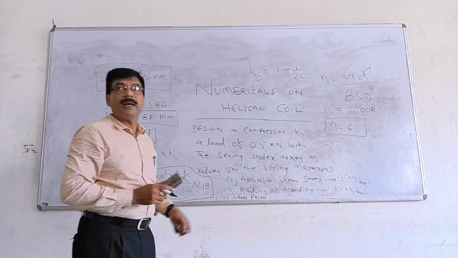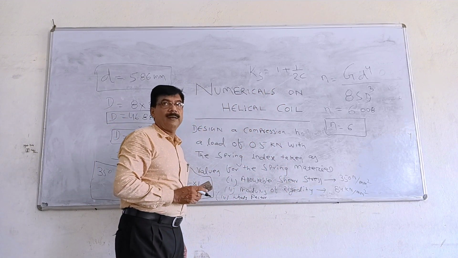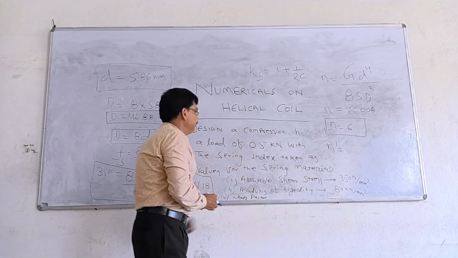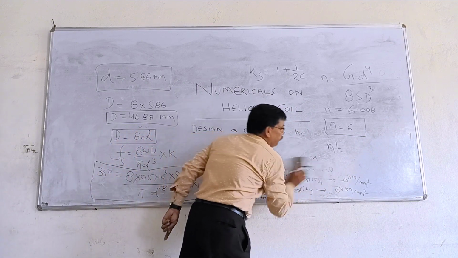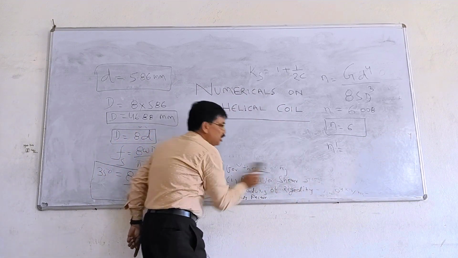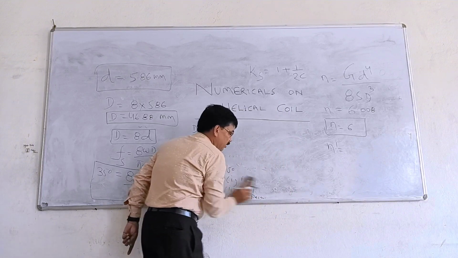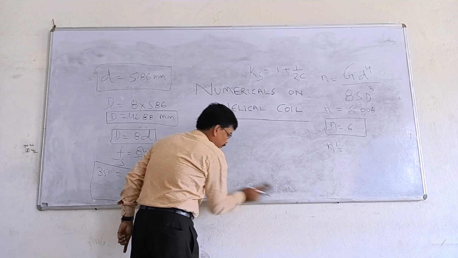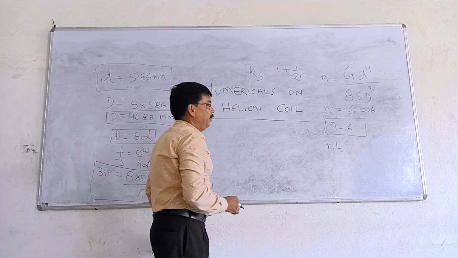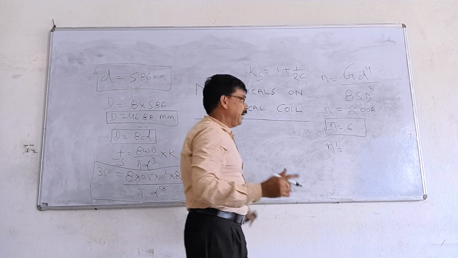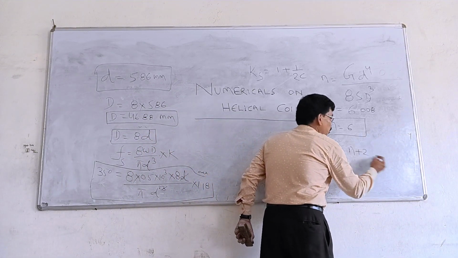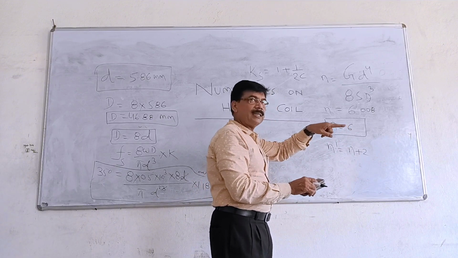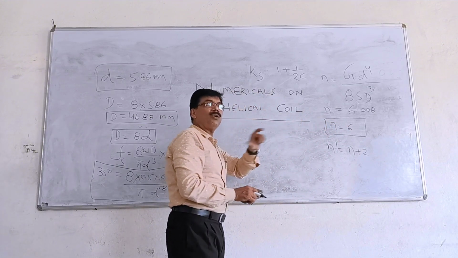This is the active coil. Then the actual number of coils, that is n dash. See, what is the difference between active coil and actual coil? We have already discussed that n dash is equal to n plus 2. Why? We are considering two end coils. Those end coils are not deflected.